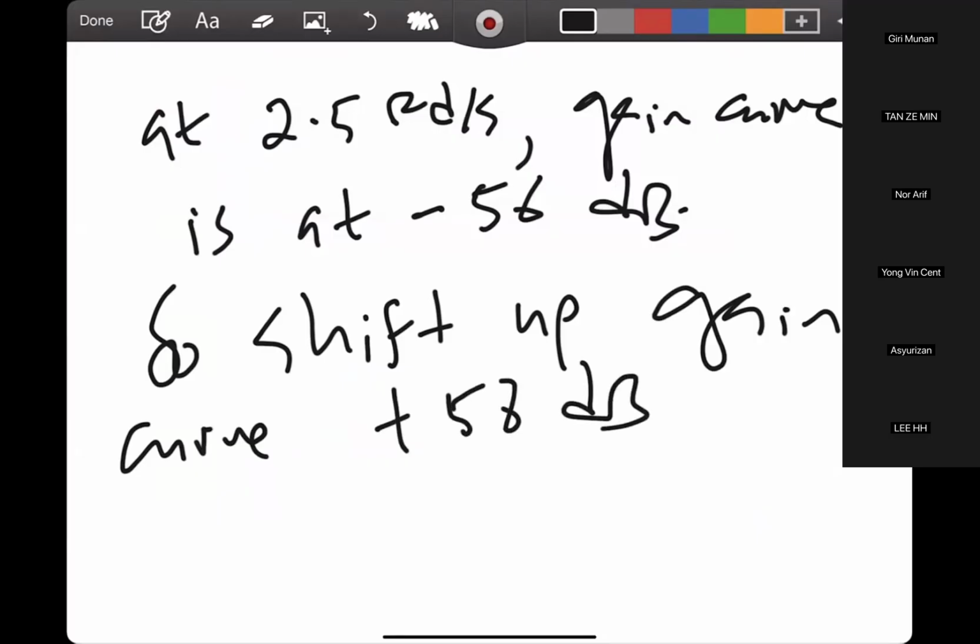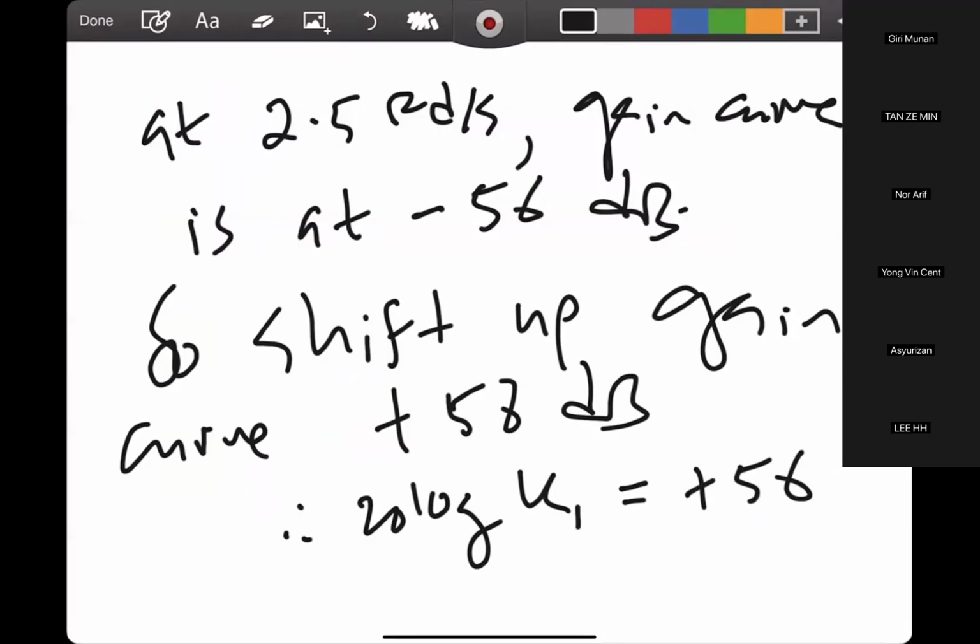So 20 log K1 because we already have K 0.01 at the original kan. So kita put K1 to avoid confuse. Plus 56 dB.